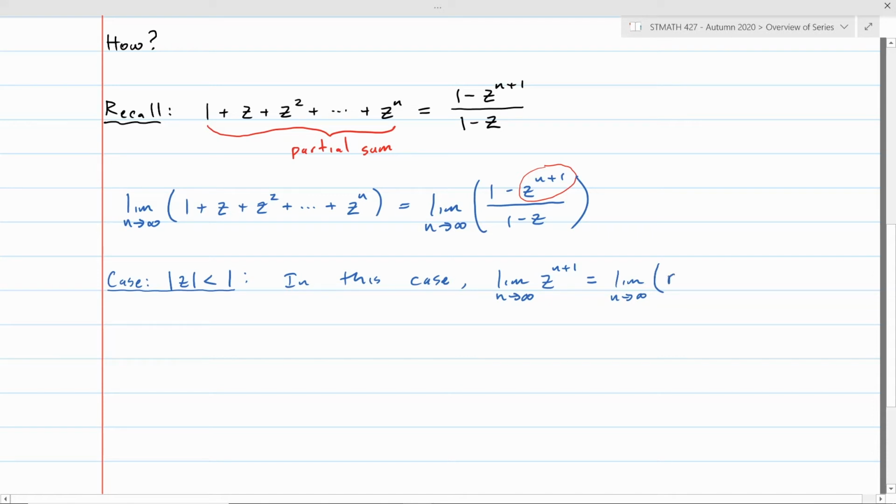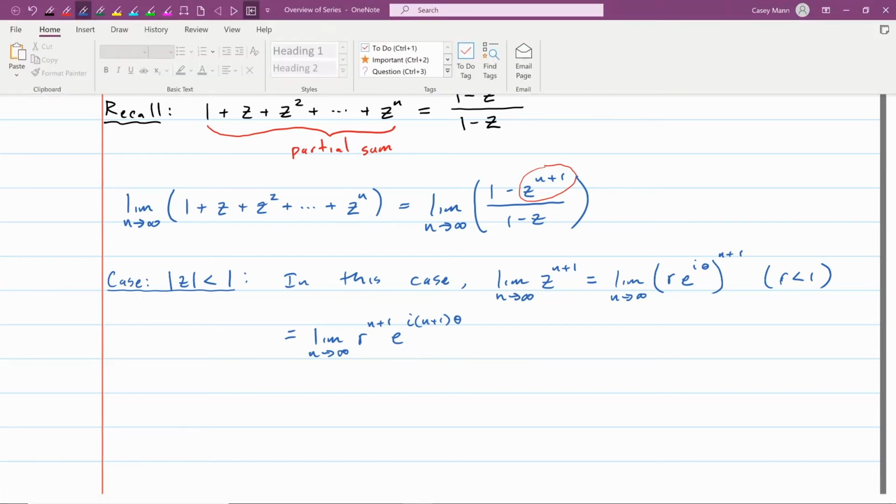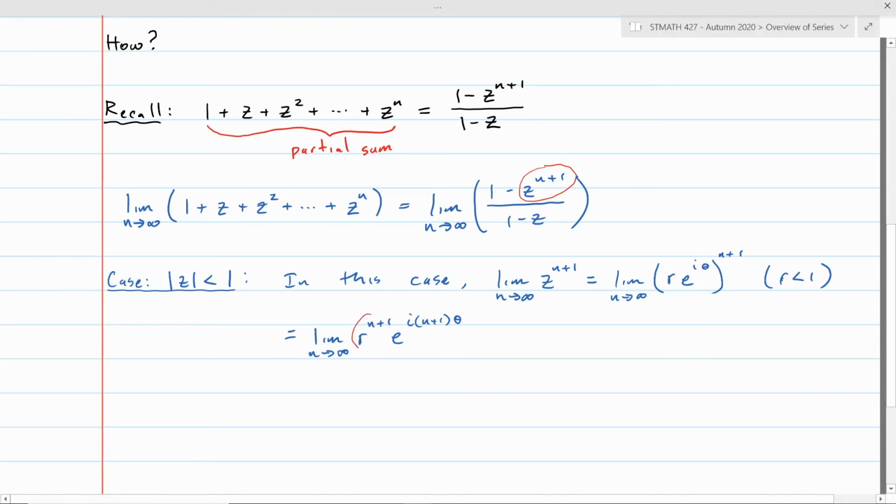It's like r e to the i theta, and you're raising that to the n plus 1. And here r is less than 1. Then this in turn equals the limit as n goes to infinity of r to the n plus 1, and then e to the i times n plus 1 theta. But the point here is that as n goes to infinity, this r to the n plus 1 term is going to go to 0.